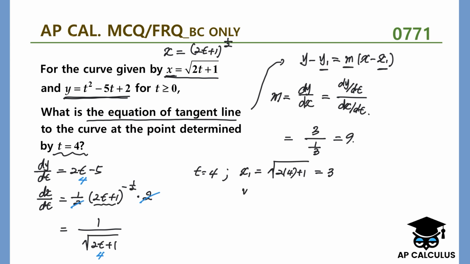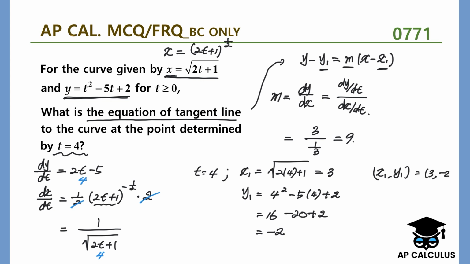What about y? y is 4 squared minus 5 times 4 plus 2, so that's 16 minus 20 plus 2, which is negative 2. So the point x1, y1 is (3, negative 2).